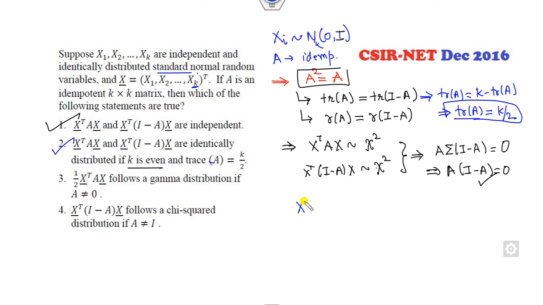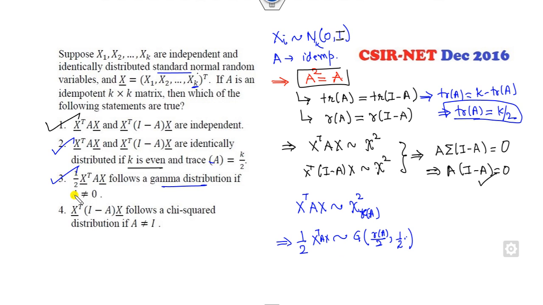Half of this, x transpose AX, will follow a chi-square distribution with degree of freedom k or the rank of A, and when you multiply with half, a constant quantity, it follows a gamma distribution with the parameter, the degree of freedom times half of this value. So it is a gamma distribution.